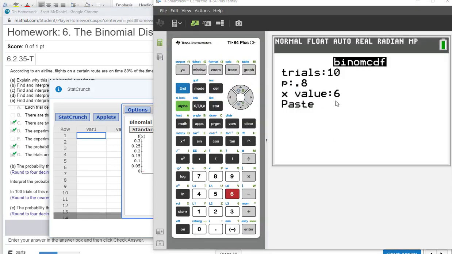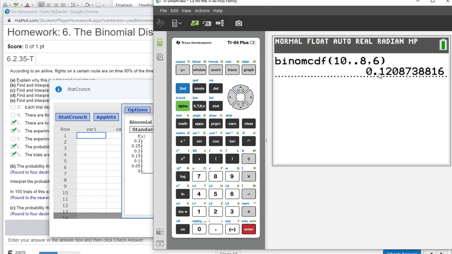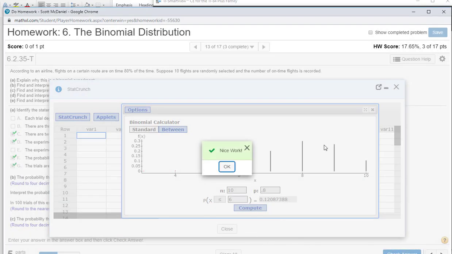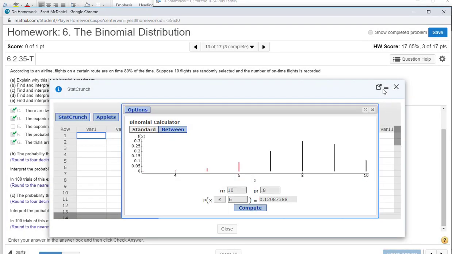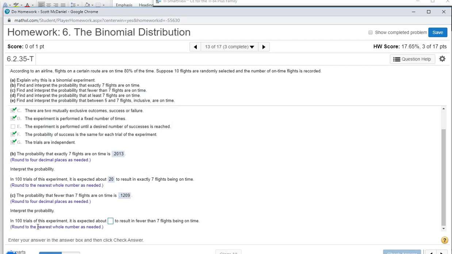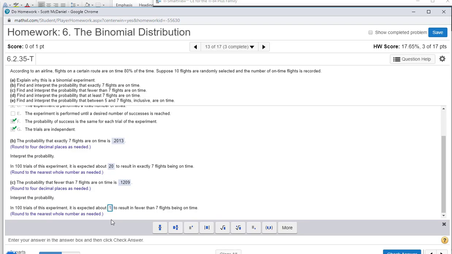I wish it had an upper bound, lower bound, but it doesn't. We get exactly the same thing, 0.1209. In 100 trials of this experiment, how many are expected to result in fewer than 7 flights being on time? Multiply 0.1209 by 100, and I get about 12.